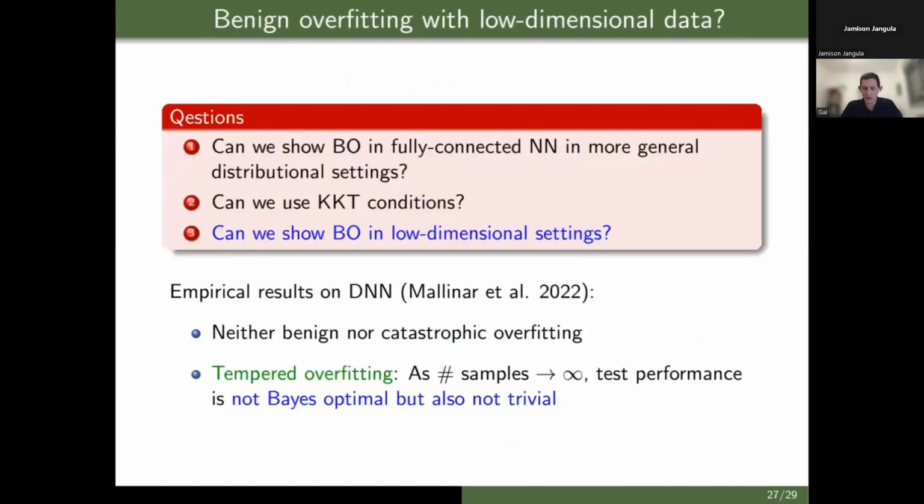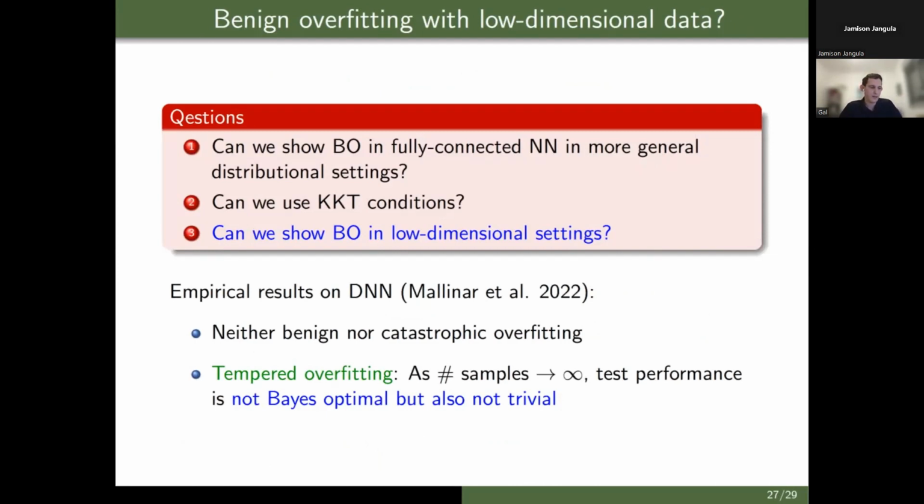But an important thing to mention also about these new results is that the data in these new results is also high dimensional. So even after these new results, all known results on benign overfitting require high dimensional data. So we still need to discuss the third question about whether benign overfitting is possible in low dimensional settings.